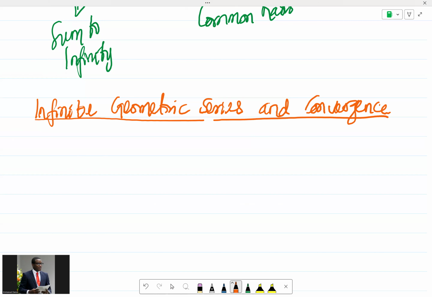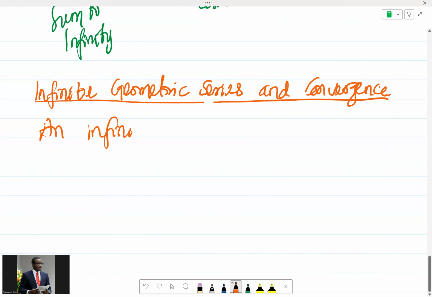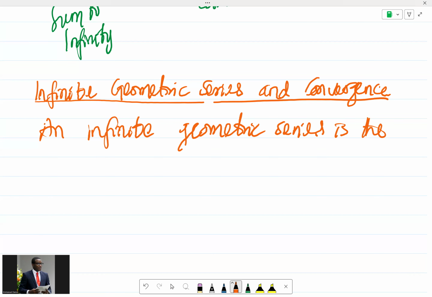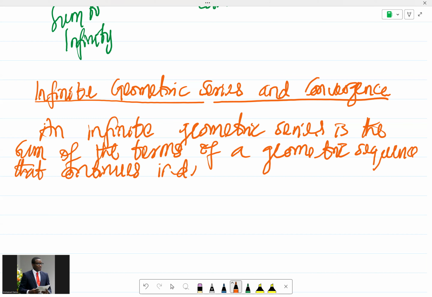An infinite geometric series is the sum of the terms of a geometric sequence that continues indefinitely.